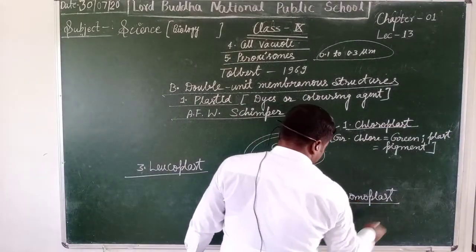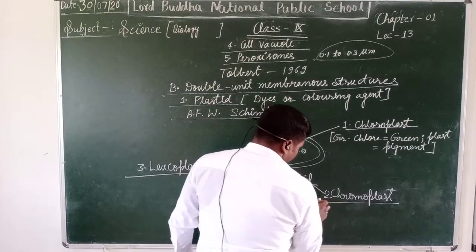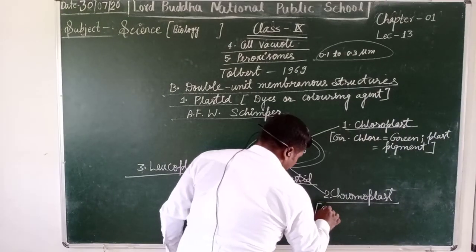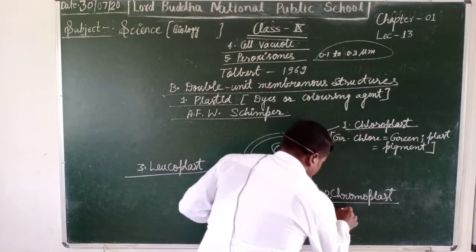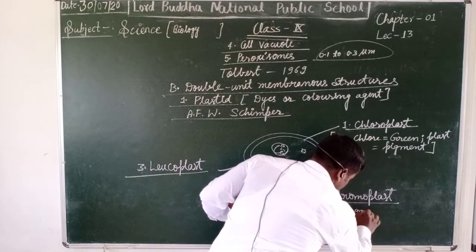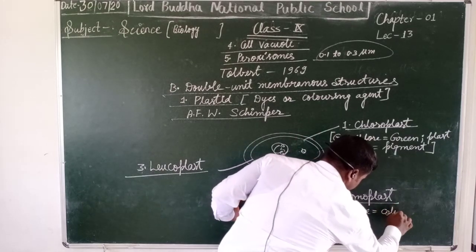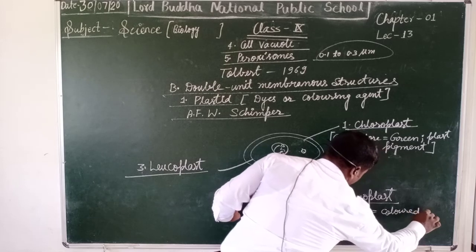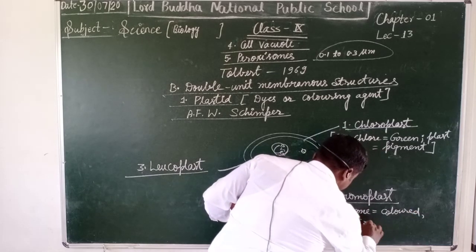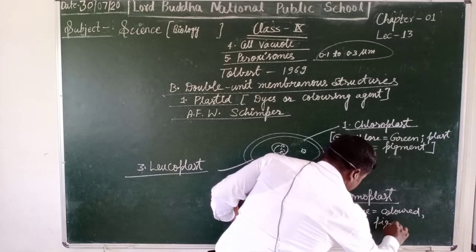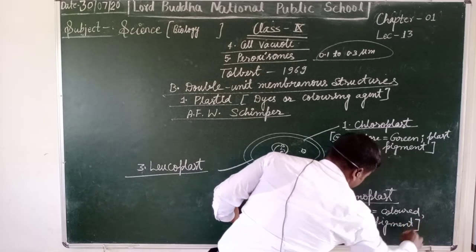Now, here I take chromoplast. The term chromoplast is also derived from the Greek word chroma, that means colored, and plast means pigment.